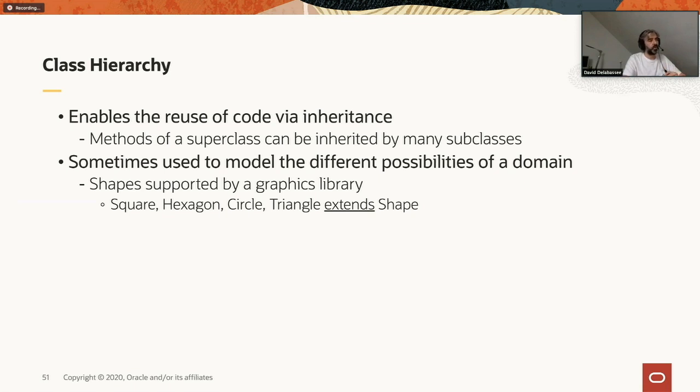So for example, we want to model the different shapes that are supported by a graphics application. We would have a shape class or interface, and then we have subclasses that extend that shape class, like a square extends the shape, a hexagon extends the shape, and so on.